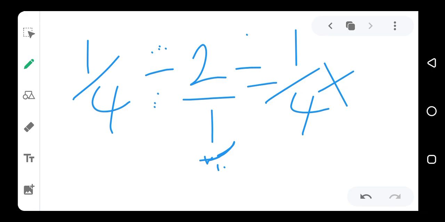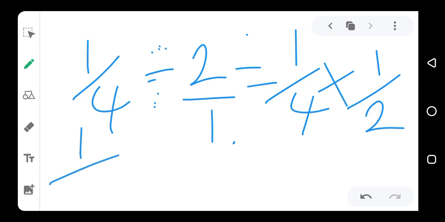So it becomes 1 over 4 times by 1 over 2. 1 times 1 is 1, over 4 times 2 is 8. So 1 over 4 divided by 2 will give us 1 over 8.